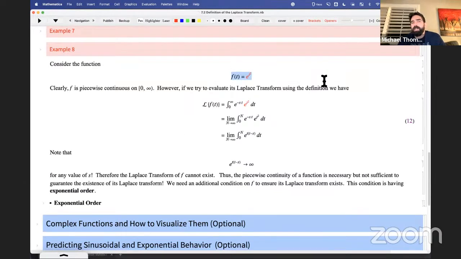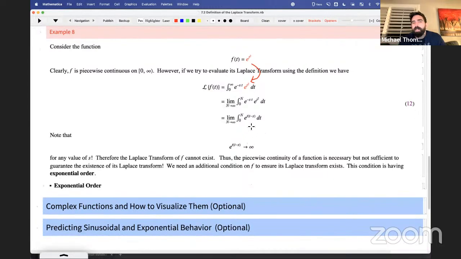You know, that one's definitely piecewise continuous. It's continuous, so it's piecewise continuous. But the problem here is when you evaluate the transform, like if you plug it in, like we did earlier, and then you work it out, you'll get to this guy here.